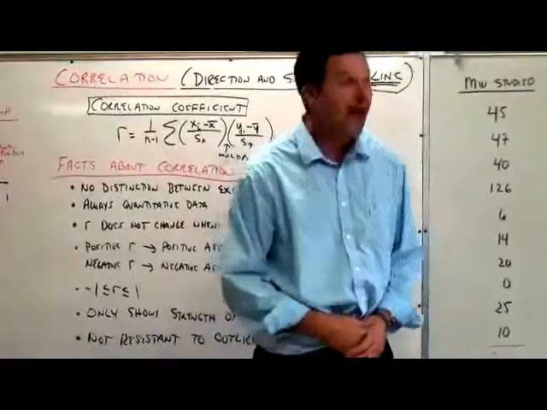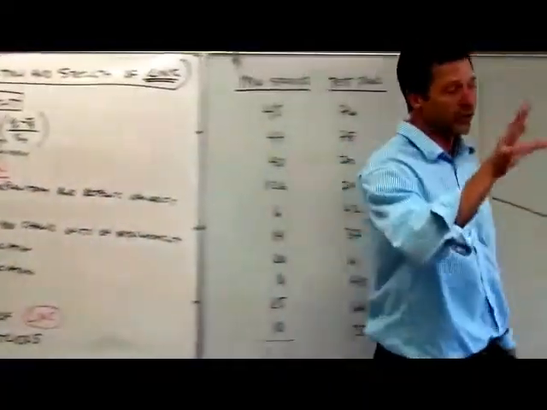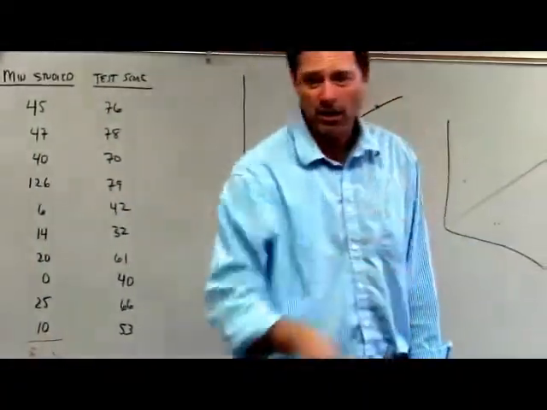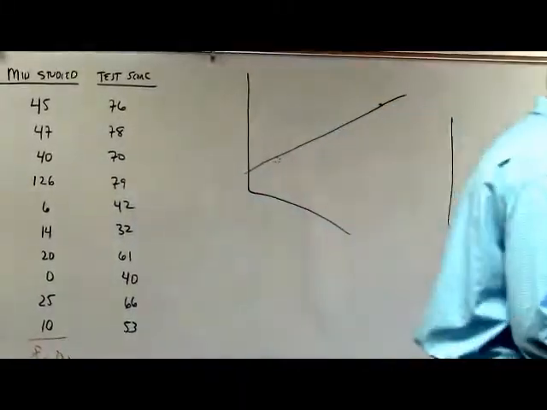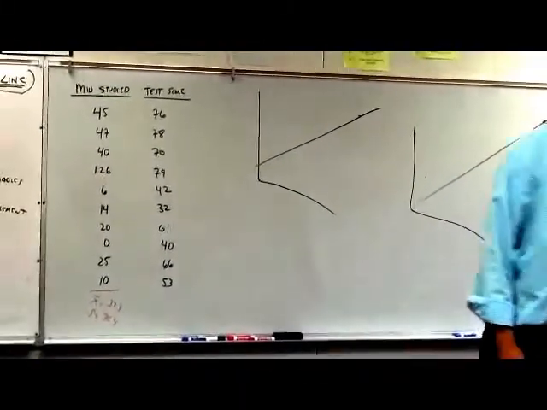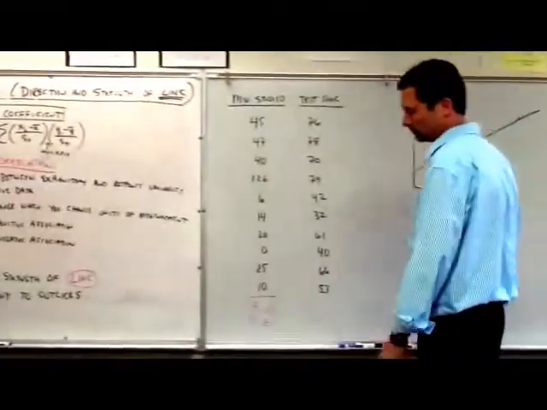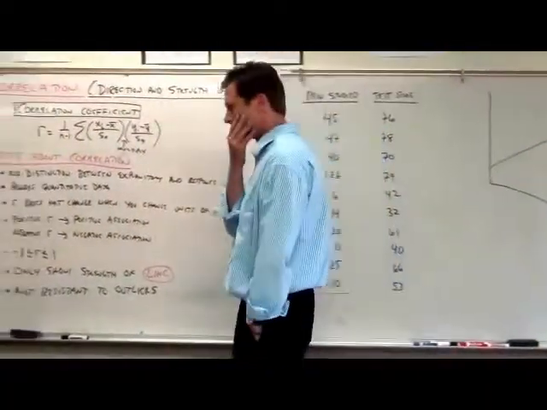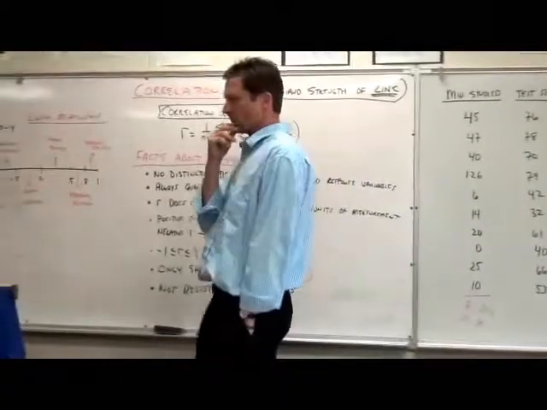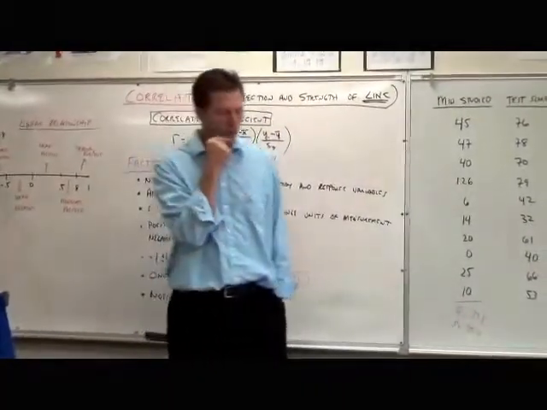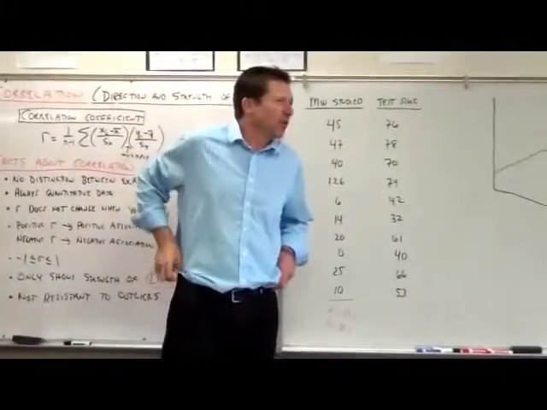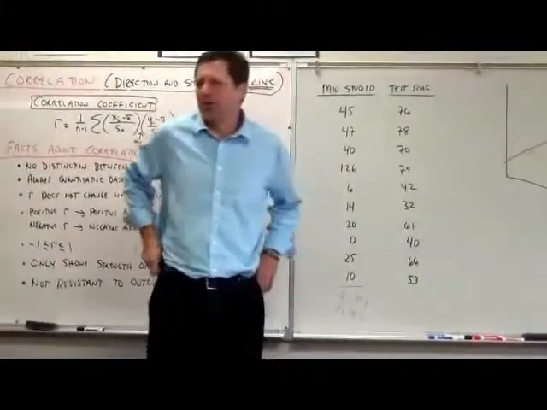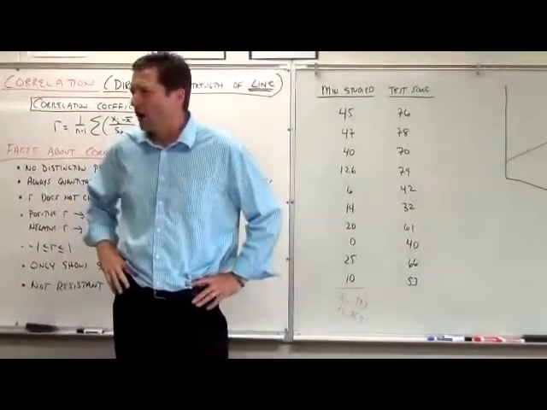All right, now, why do we need R? Well, you can't trust your eyes. Go to page 141. All right, I got 2 graphs on 141. And if I were asked, which one of those is more linear? Which is going to have a stronger R?